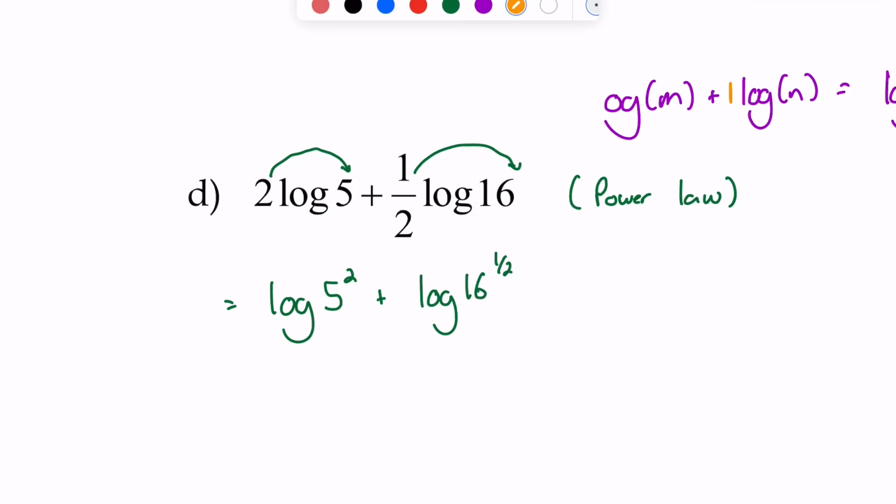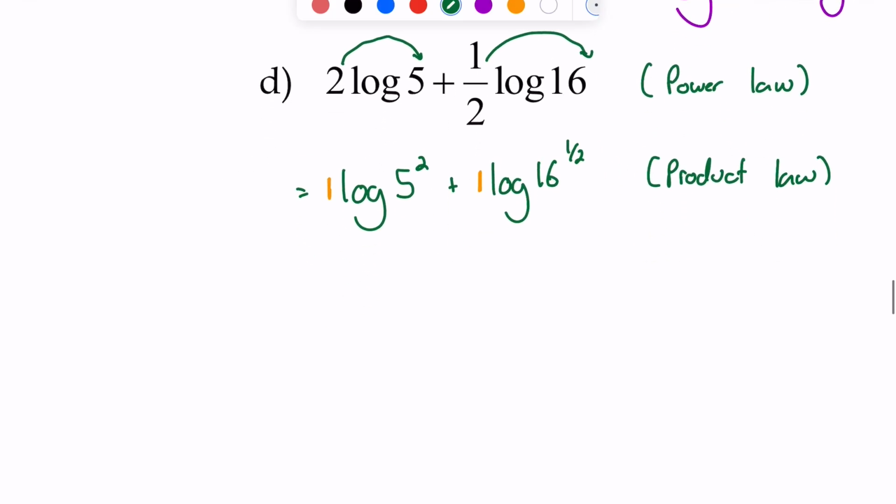Now I have coefficients of 1, and I can apply my product rule. Because they're the same base and they're being added, I can rewrite this as log of 5 squared multiplying 16 to the 1/2.